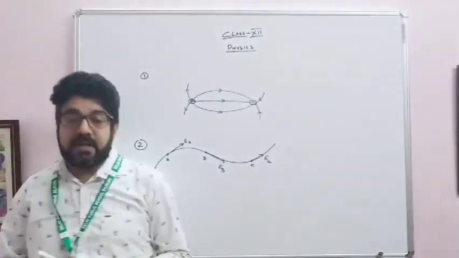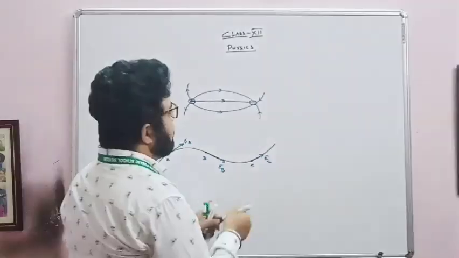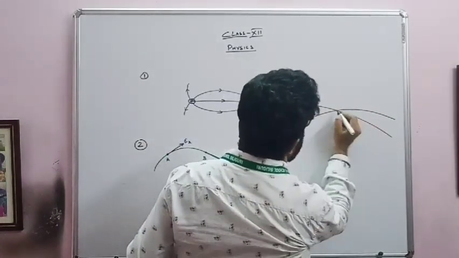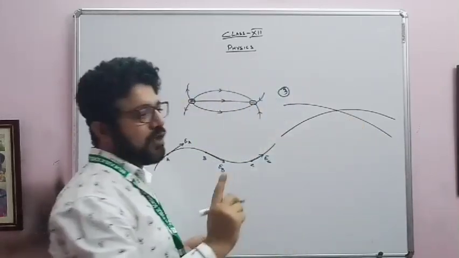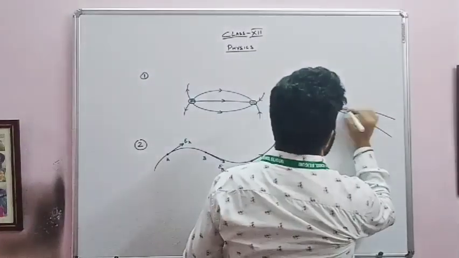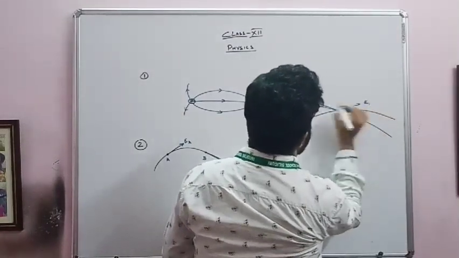Very simple. Third property: if you intersect two electric lines of force, what happens? At the point of intersection, you have two directions of electric field, let them be 1 and 2.